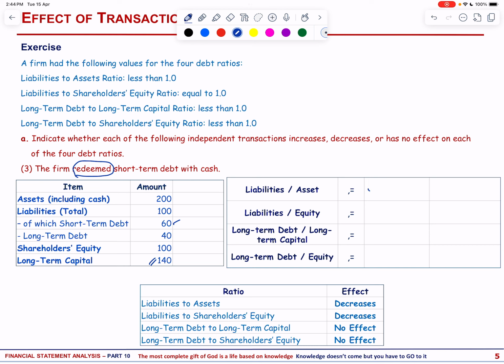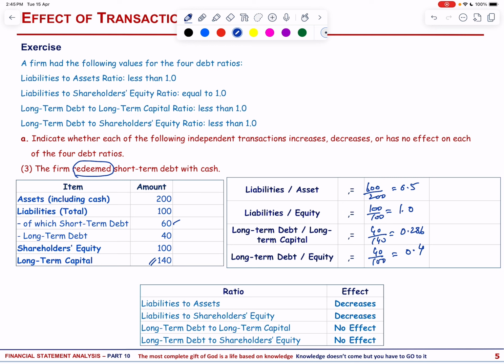The liability to assets will be 100 divided by 200, that is equal to 0.5. Liabilities to equity will be 100 over 100, that is equal to 1. Then long-term debt to long-term capital will be 40 over 140, so that is going to be 0.286, and the long-term debt to equity will be 40 over 100, that is equal to 0.4.